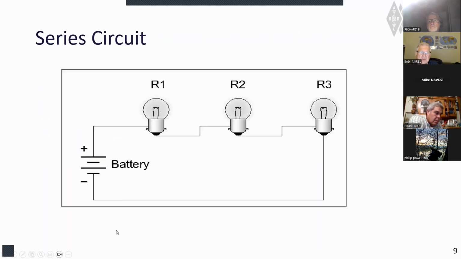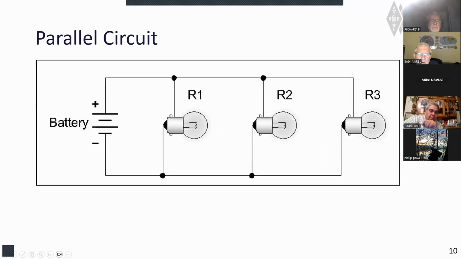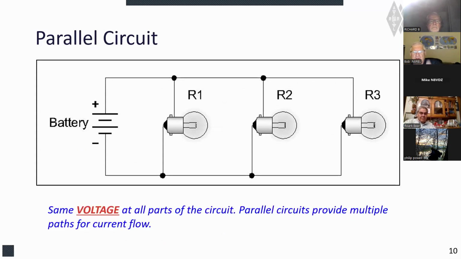Here is a nice series circuit. Isn't that pretty? There are no questions about that. And this is a parallel circuit, and the voltage is the same across each of the components.